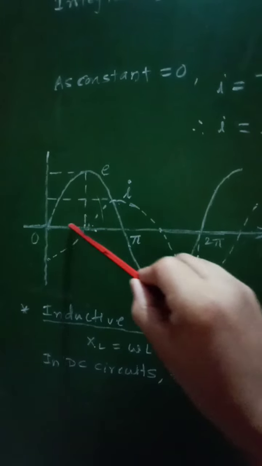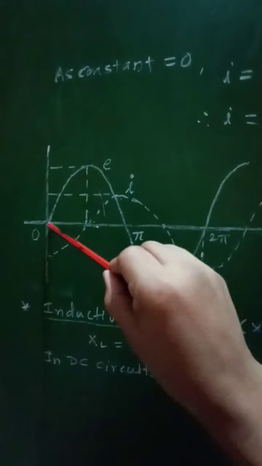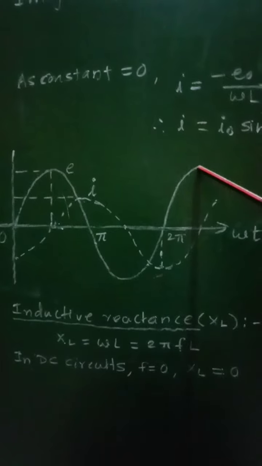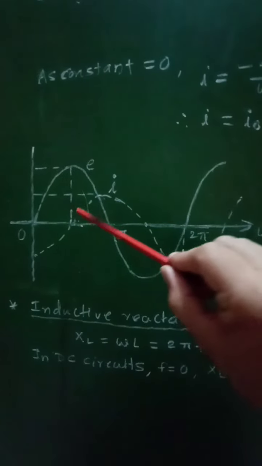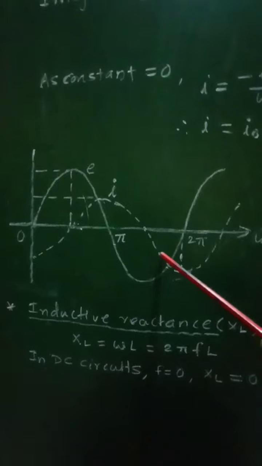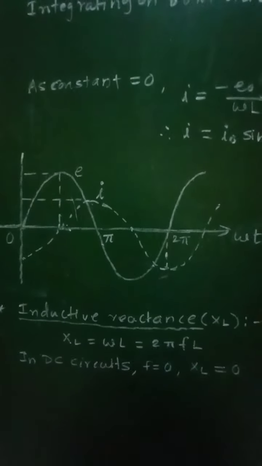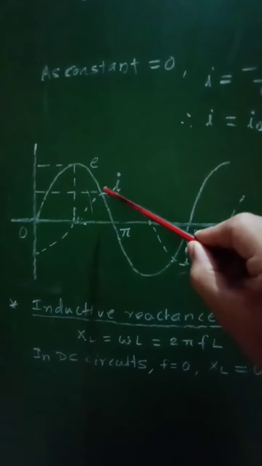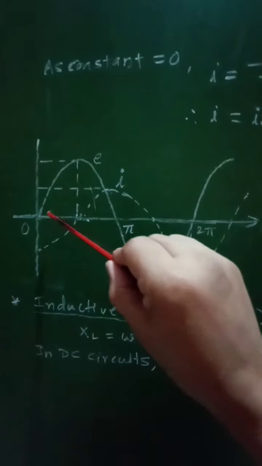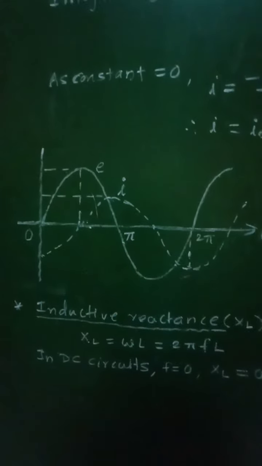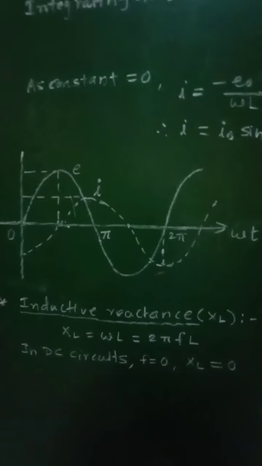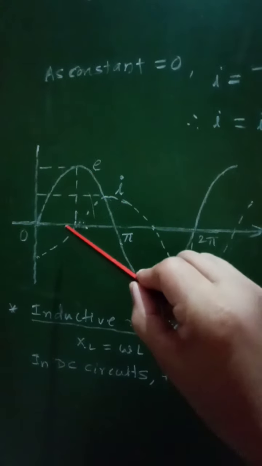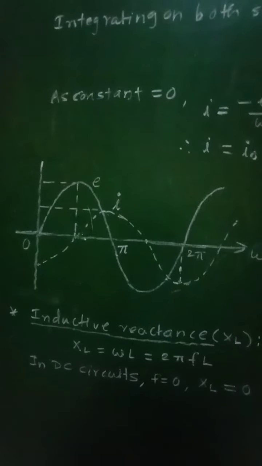So this continuous curve represents the variation of EMF against omega t, and this dotted curve represents the variation of current against omega t. From this graph it is clear that the EMF and current are not in the same phase. There is a phase difference of pi by 2 between EMF and current, and the current lags behind the EMF by pi by 2.